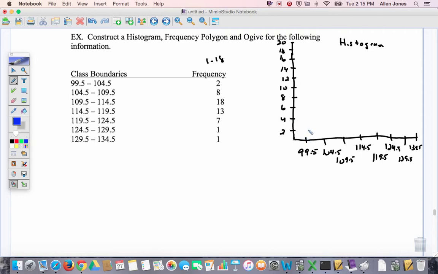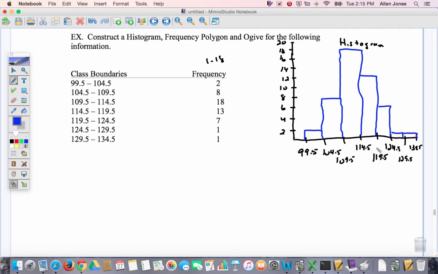And then all we do is, for each of our boundaries, or each of our classes, we set our frequency. So we have a bar graph here. Our first class has a frequency of 2. Then we have a frequency of 8. Then we have a frequency of 18, a frequency of 13, of 7, and of 1 and 1.